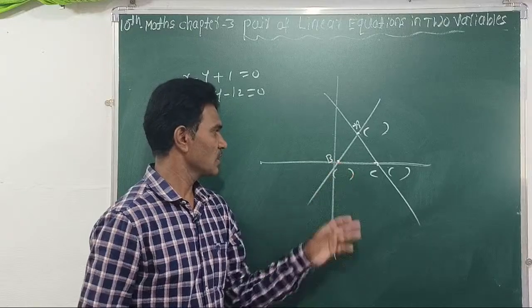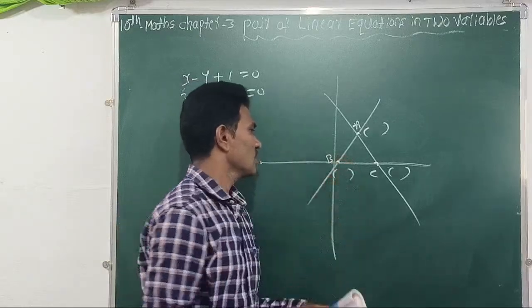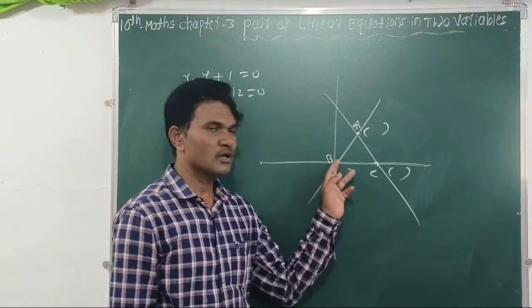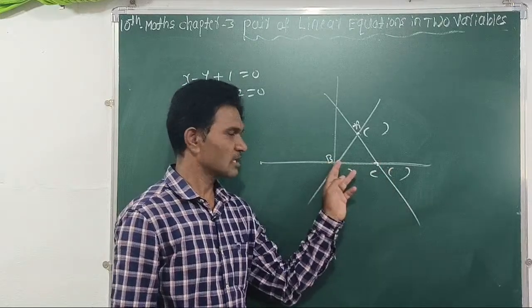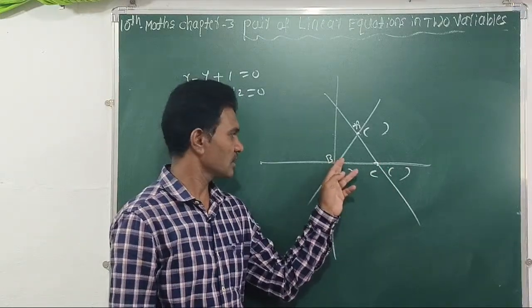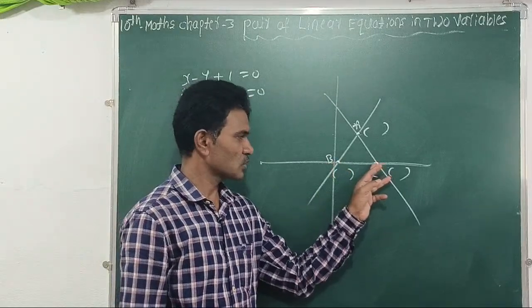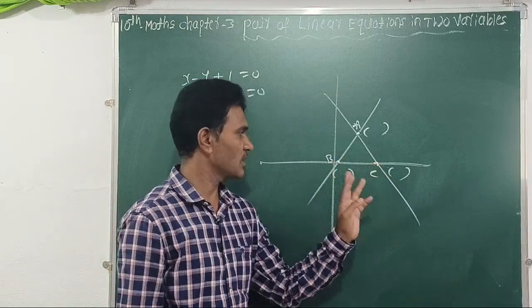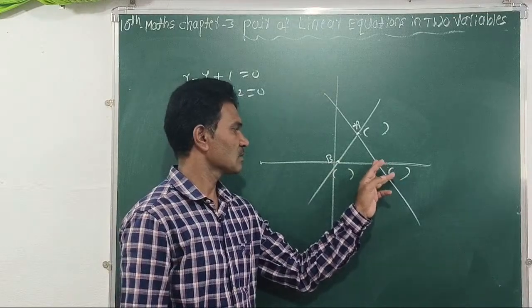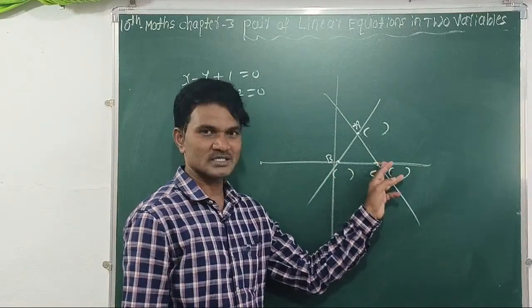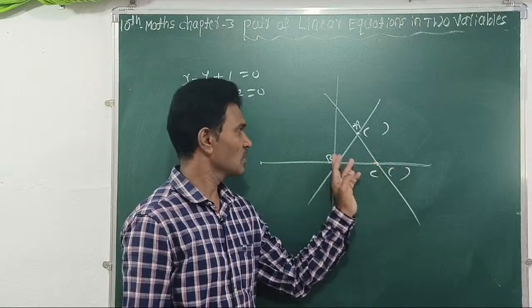In the same way, this vertex is on the x-axis, that means y value is 0. Here x value is the x coordinate. Here also x value is the x coordinate. This point is on the x-axis, that is why y value is 0.